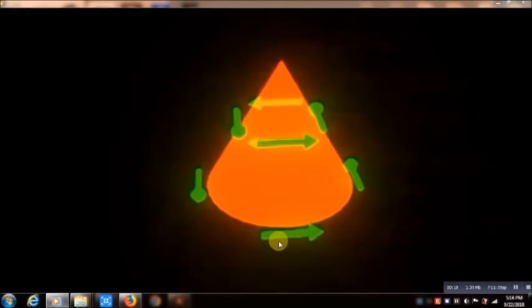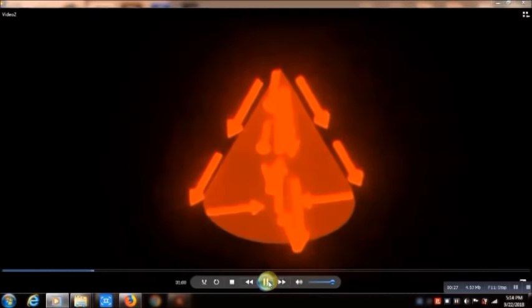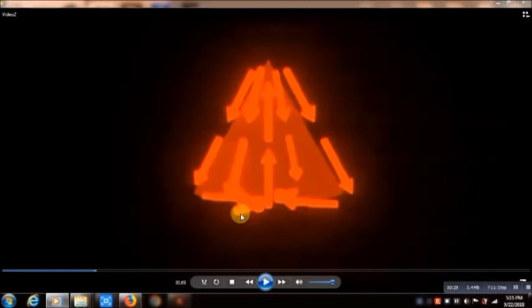Green A1 curls throughout the cone according to a right-hand rule. If we curl the fingers of our right hand, they will curl in the direction of A1, and our thumb will point from the base of the cone to its tip. Red A2 is distributed like this. It fountains out of the tip of the cone, comes down the sides, and goes in and up again at the bottom.